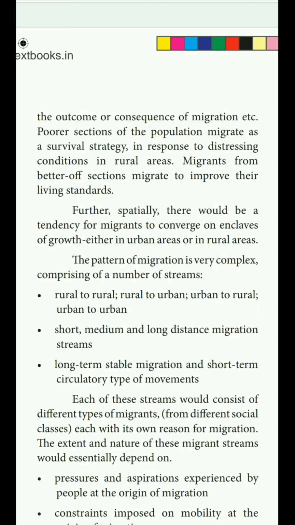What are the factors responsible for the poorer sections and better-off sections to migrate? That is one question. The poorer section migrates as a survival strategy in response to distressing conditions in rural areas. The better-off section migrates to improve their living standard.